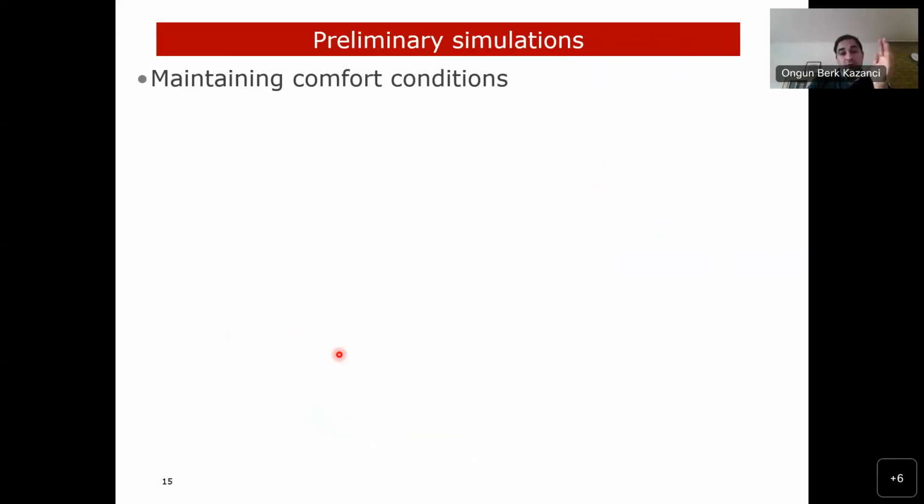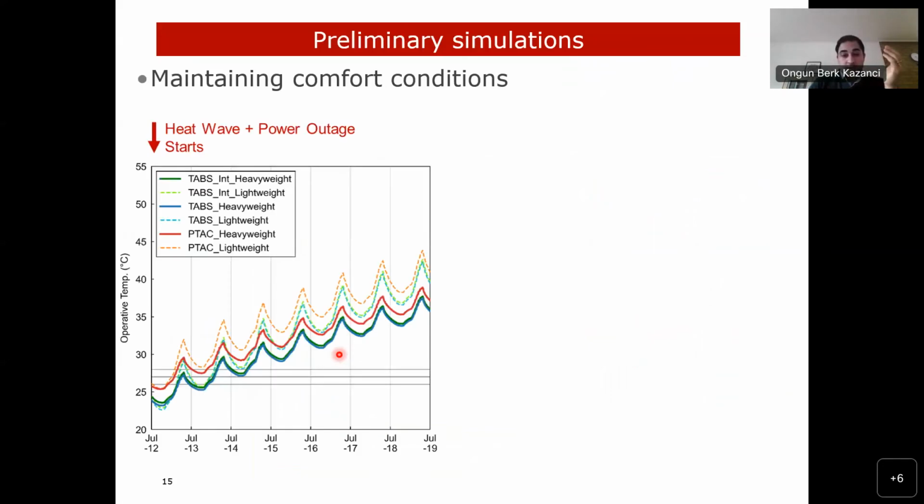So we look first at the performance of these systems in maintaining comfort conditions. If we look at the first week of the heat wave and the power outage, the structure is the same. The y-axis is the operative temperature, and the x-axis is the first week of the heat wave and power outage. We can see here, especially in the first 2 or 3 days, that the TABS is better at keeping the temperatures within what we call the comfort zone.